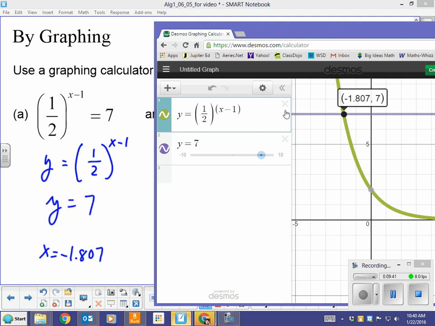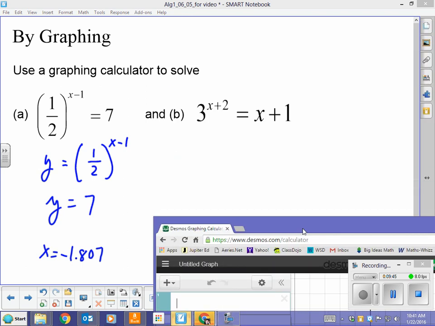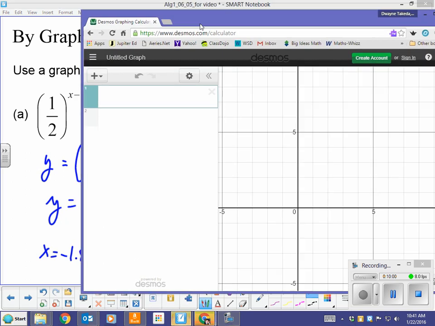Let's do the other one. I'm going to clear these here. So I'm going to let y equal 3 to the power of x plus 2. And then y is equal to x plus 1. Okay, so I'm going to put those into the graphing calculator.